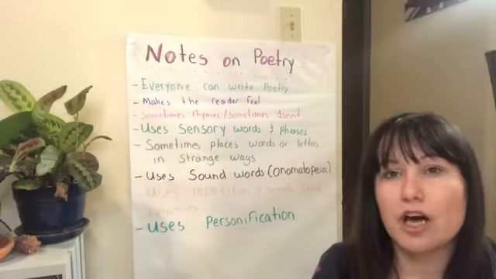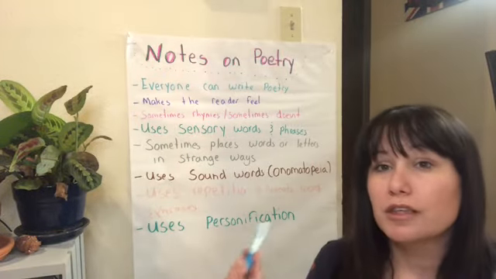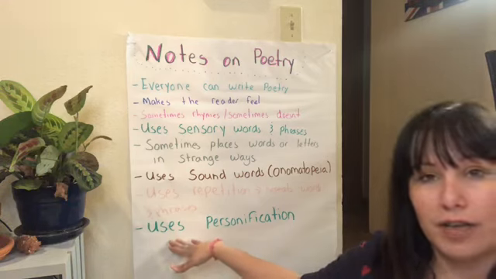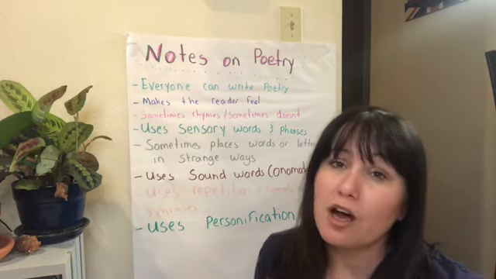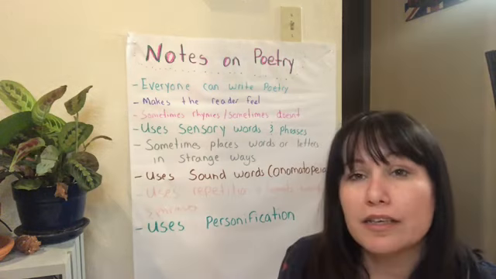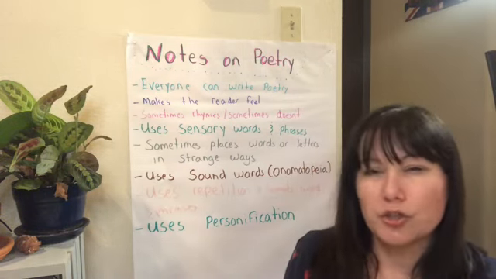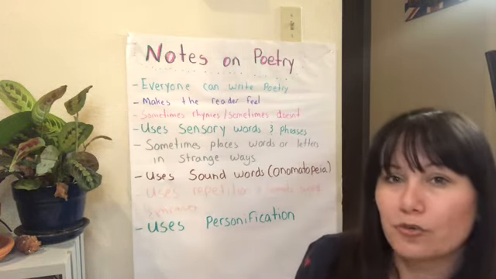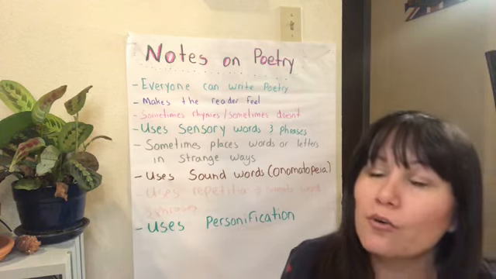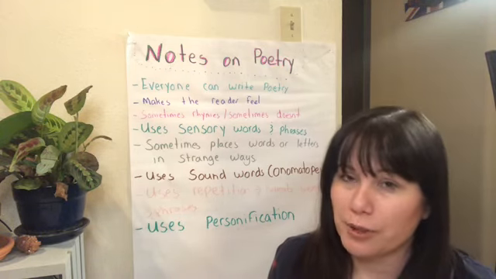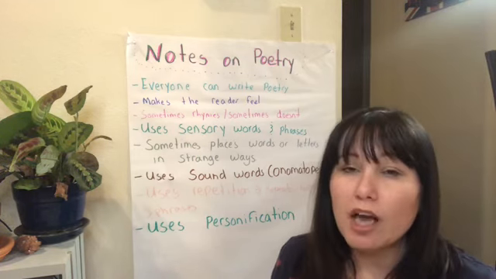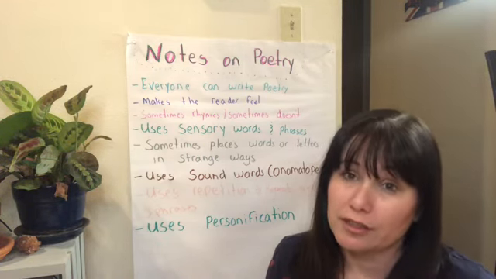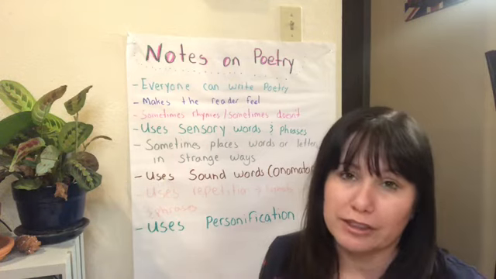Okay, third graders, on our notes on poetry chart, I went ahead and added uses personification. Remember, that's when authors or poets give non-human objects human qualities, like rain that can kiss, or spring that can wear a daffodil skirt. I wonder if you're going to use any personification in your poetry today.